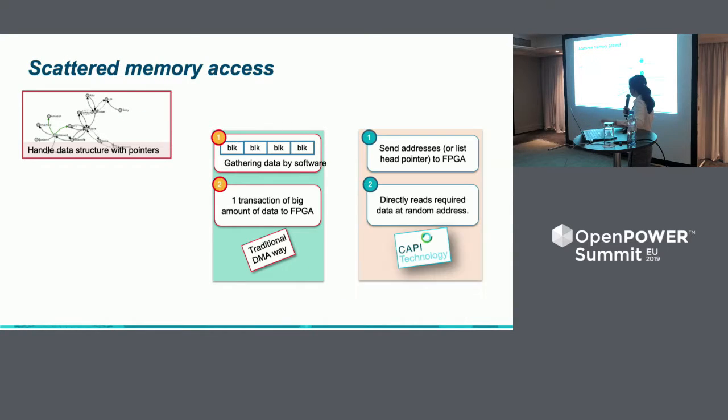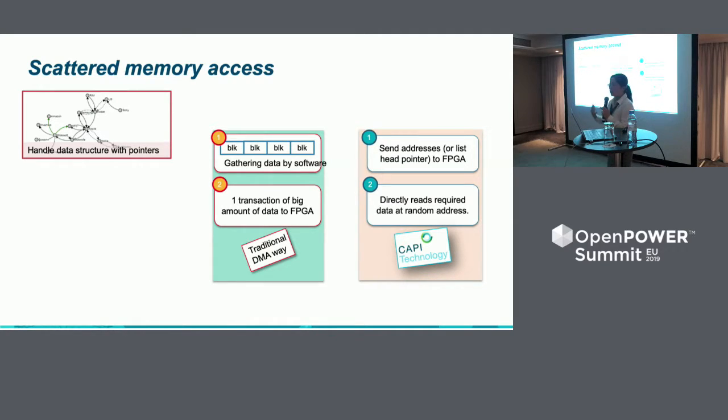Another important feature we should keep in mind is that with CAPI or OpenCAPI, we are able to access very scattered memory locations. Modern software likes to use many pointers, such as linked lists or graphs. They are all pointers from one place to another.